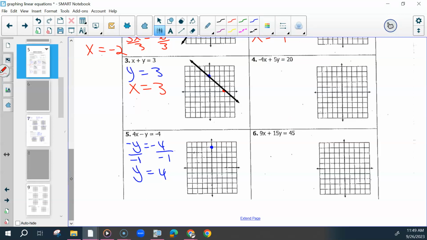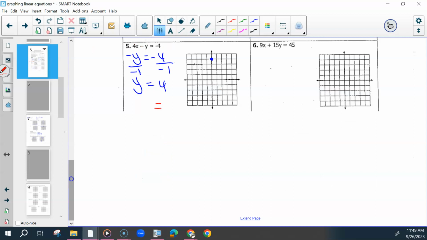And then what would your equation be for x? Negative 4x equals negative 4. Divide both sides by negative 4.